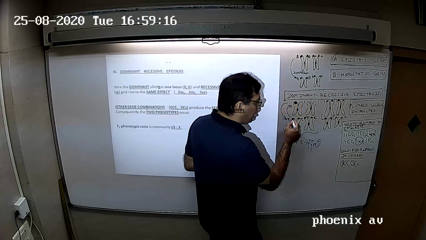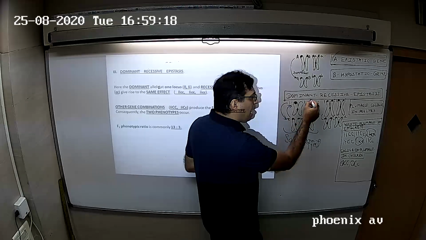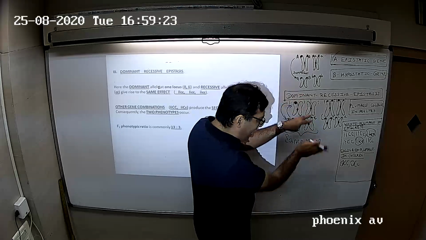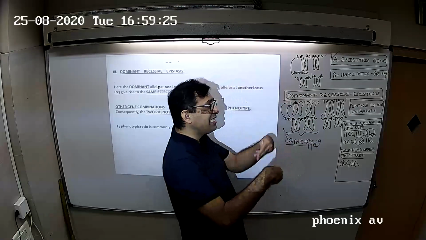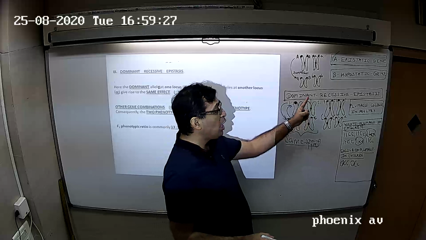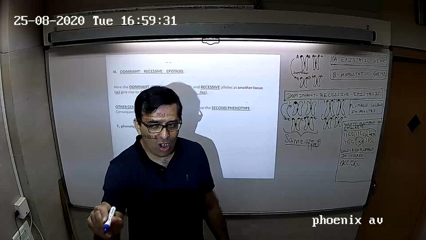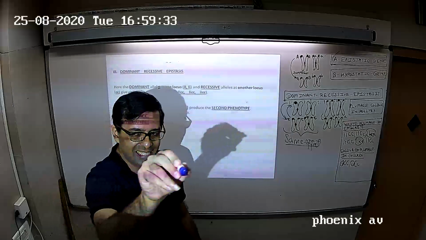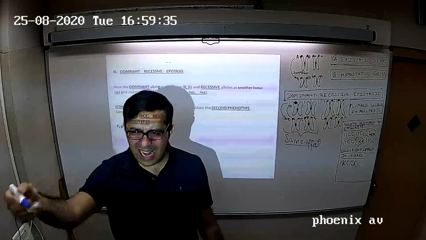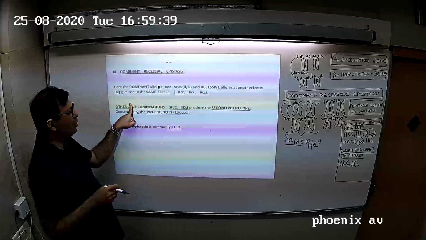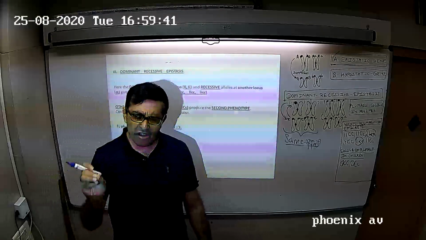capital I, small c, or capital I, small c, दोनों का same effect है. This is rightly called as dominant recessive epistasis. What is this called as? Dominant recessive epistasis. On the day of the NEET exam, सिर्फ ये definition एक बार पढ़ लेना. सिर्फ definition.